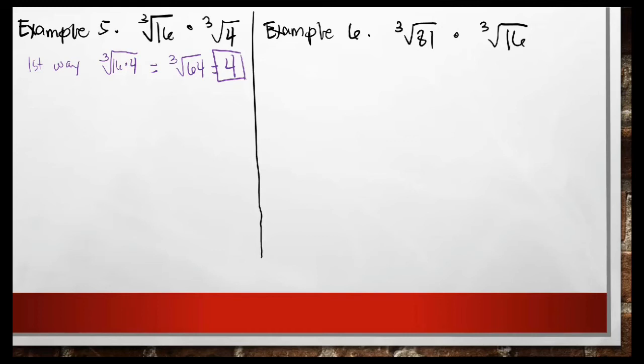So, therefore, the first way is the easiest way to solve this kind of product of radical. So, now let's try the second way. I-try natin yung second way. So, yung second way, mahaba-haba ito. So, let's simplify our radical. So, the cube root of 16 and cube root of 4, first, let's identify the factors of each radical na meron siyang perfect cube. So, again, it depends on the index.